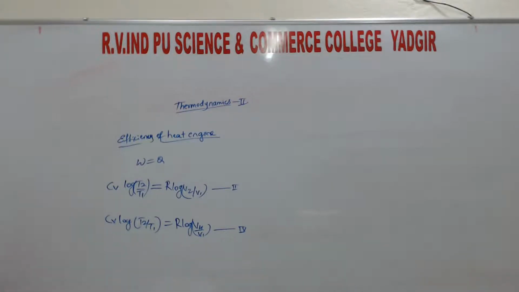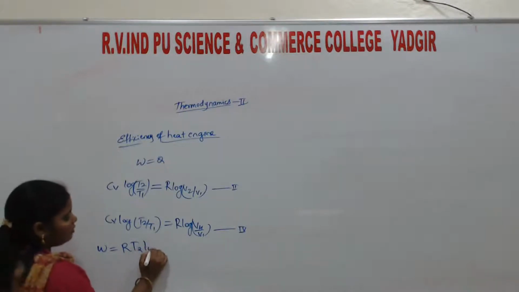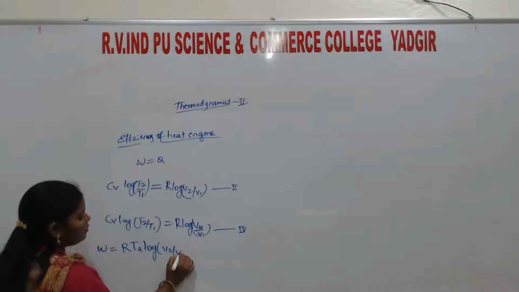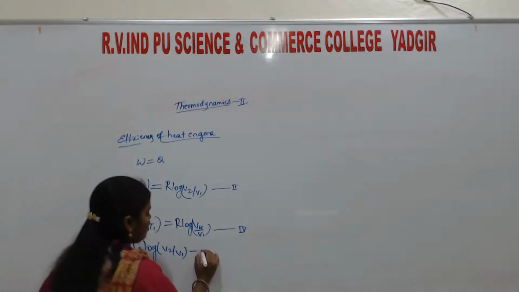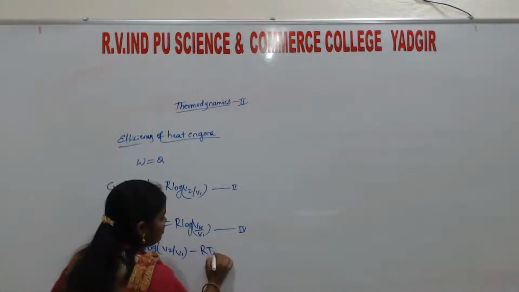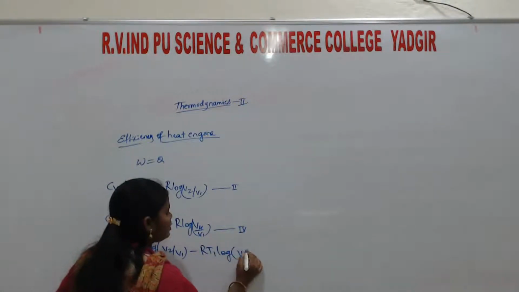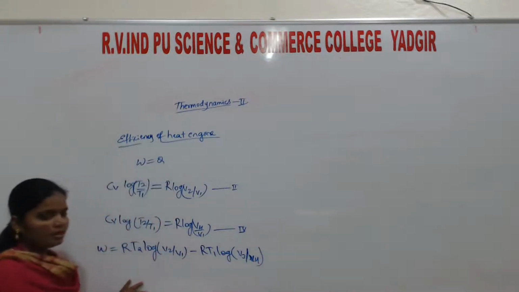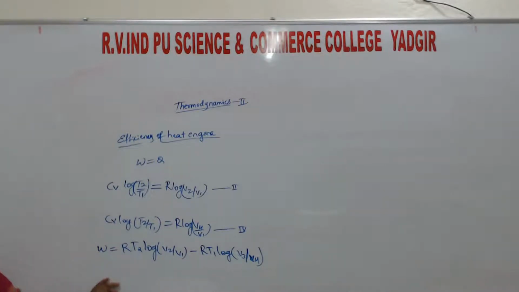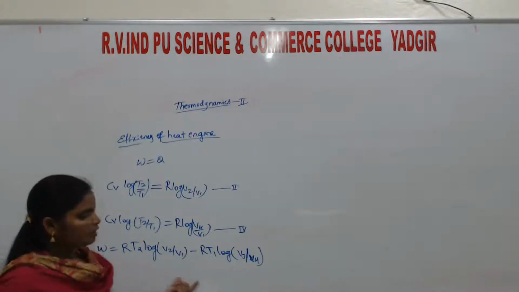According to equation number 5, W is equal to RT2 log of V2 by V1 minus RT1 log of V3 by V4, and since V2 by V1 is equal to V3 by V4, you substitute that value in this equation.